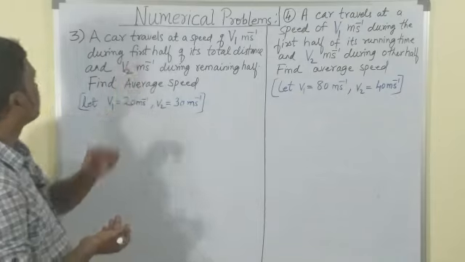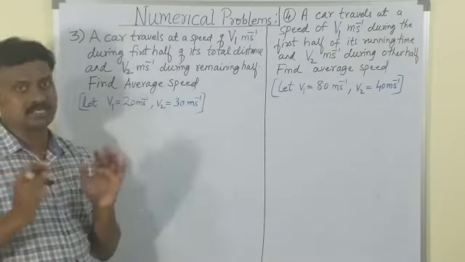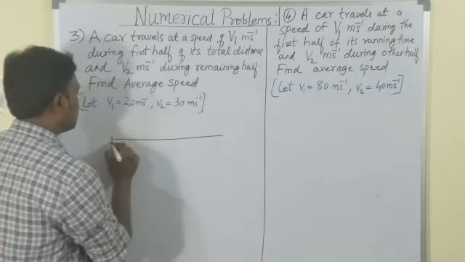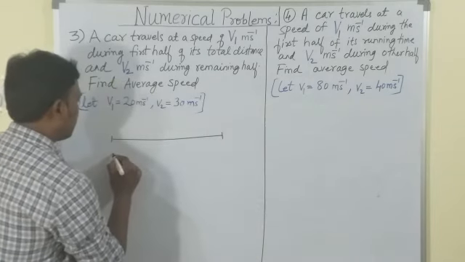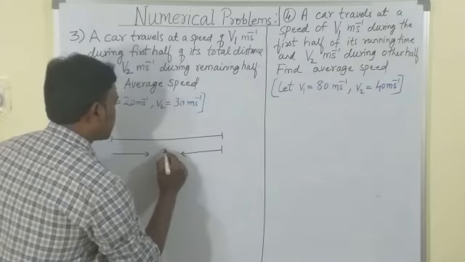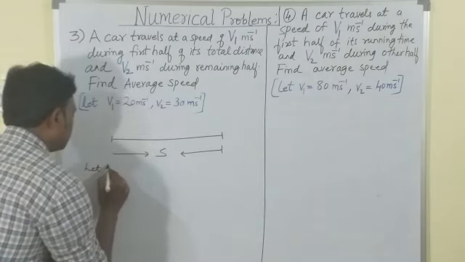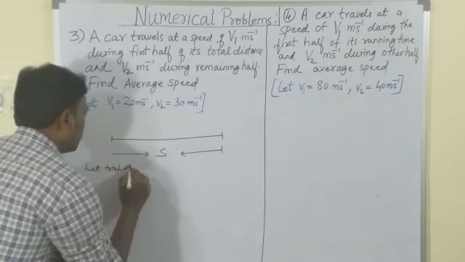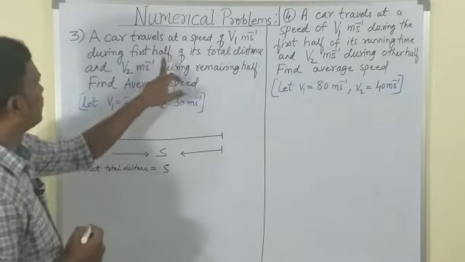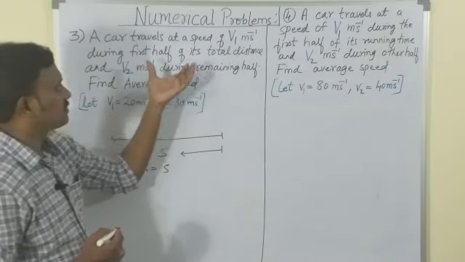Now, a car travels at a speed of v1 meter per second during the first half of its total distance. So first of all let me consider the total distance here. Let the total distance be S. The car travels at speed v1 during the first half of its total distance.